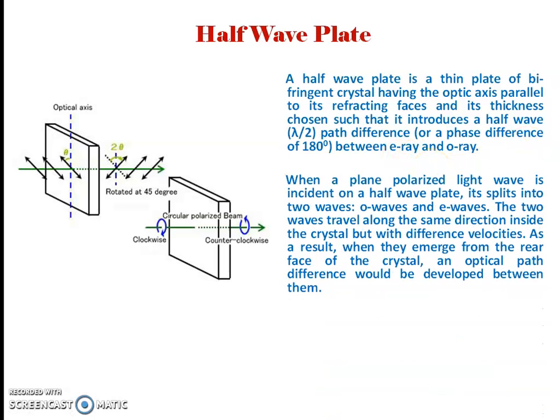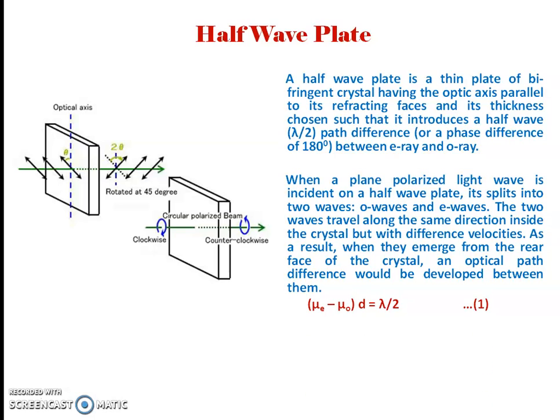When a plane polarized light wave is incident on this half wave plate, it splits into two waves, that is O waves and E waves. The two waves travel along the same direction inside the crystal but with different velocities, and as a result, when they emerge from the rear face of the crystal, an optical path difference is developed between them.